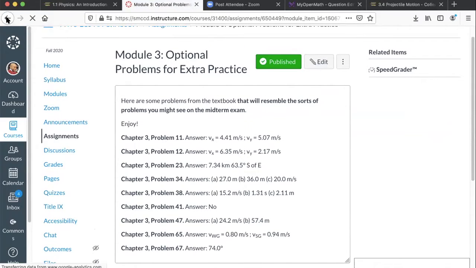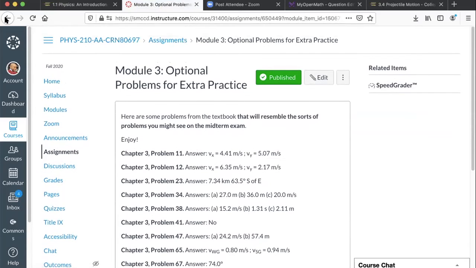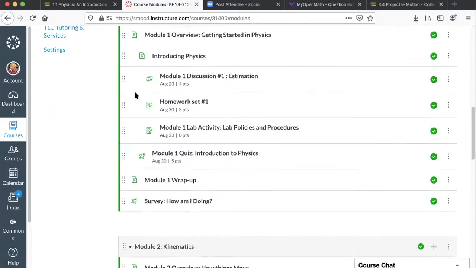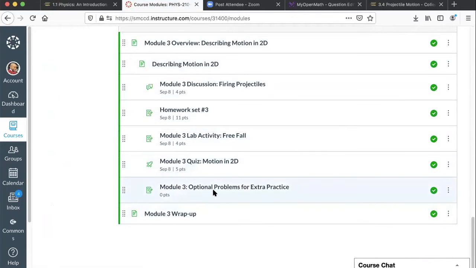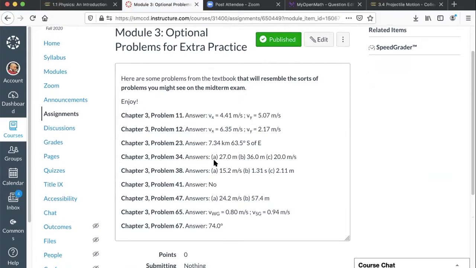Yeah, so you go to modules, and then we're in module 3, and then you look at optional problems for extra practice. And so these are problems that are directly in the book. And what I've done is I put the answers down so that you can try these on your own and then check and make sure you have the right answer.